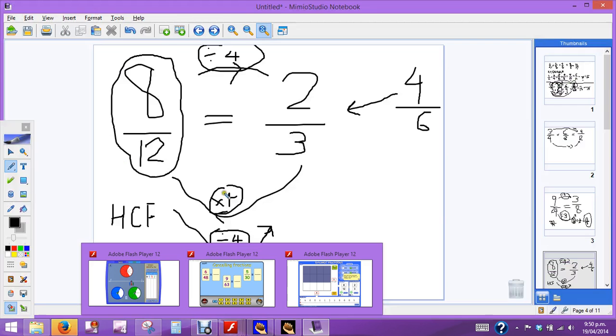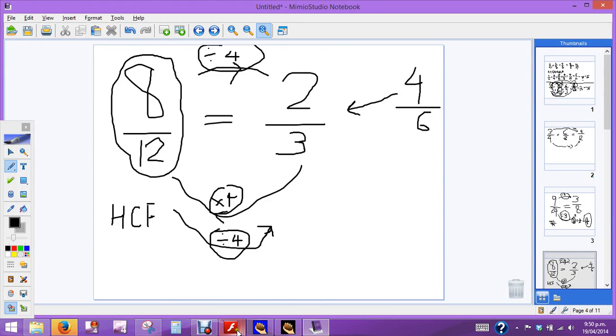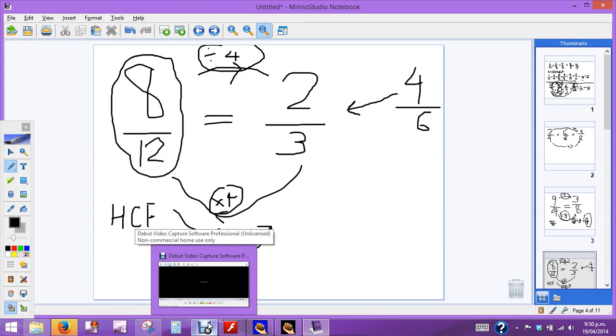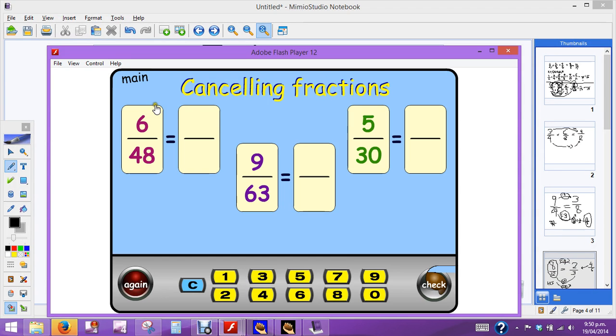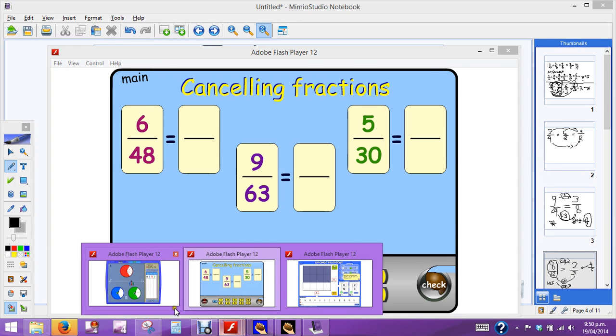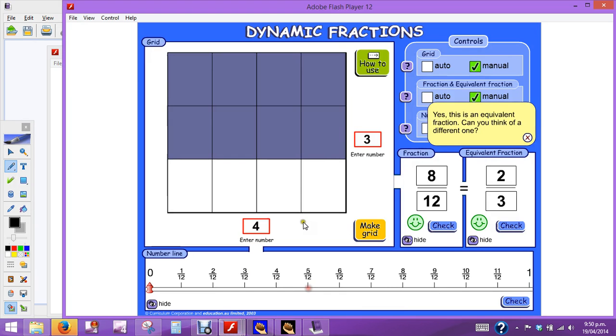And let's look at some other examples. Let's look at this one here. 6 out of 48. So let's clear it. 48, I know 6 times 8 is 48.